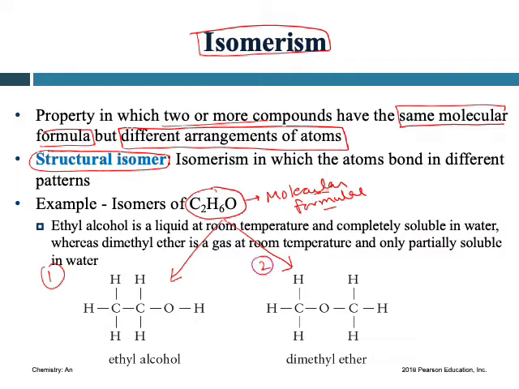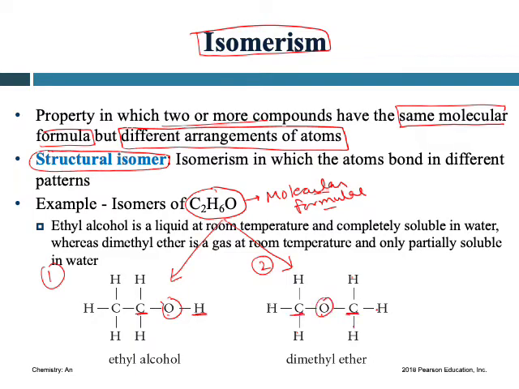If you can see, each of them has the same number of carbon, 2 carbon, 6 hydrogen and 1 oxygen. Same thing, 2 carbon, 6 hydrogen and 1 oxygen, right? They have the same molecular formula, but when we draw the structure, they look different. Why? Because in the first structure, oxygen is present between carbon and hydrogen, whereas in the second structure, oxygen comes between 2 carbon.